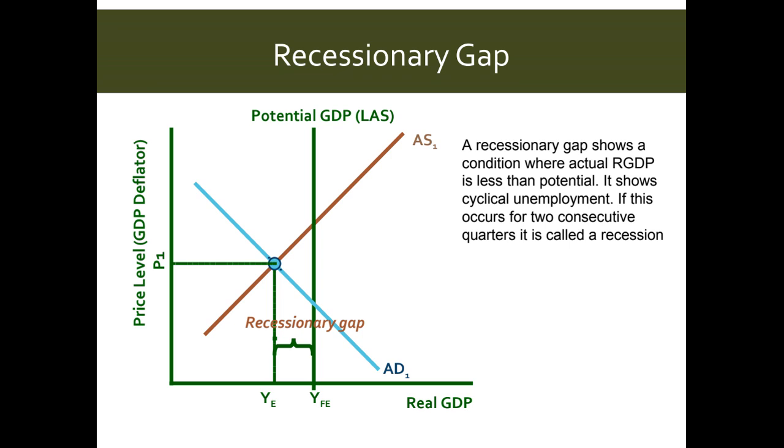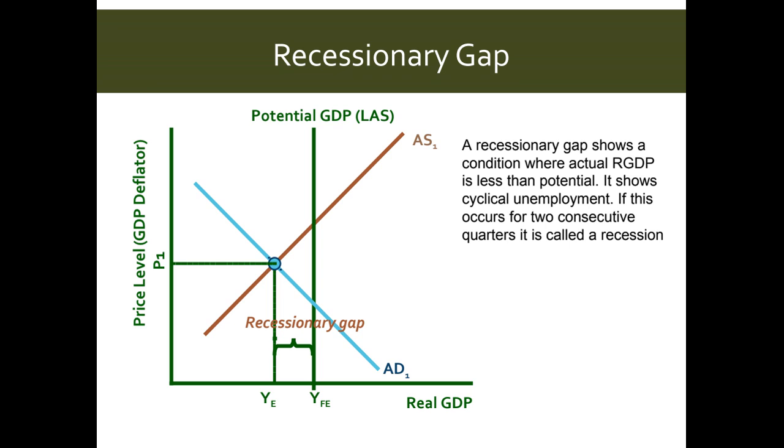diagram. This diagram clearly shows a recessionary gap. By recessionary gap, I mean, look at this diagram. Recessionary gap, look at the equilibrium. The equilibrium is at YE at this point, at YE. YE means real GDP equilibrium. So this is the equilibrium real GDP.